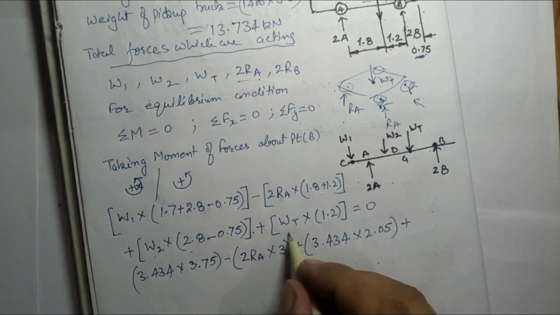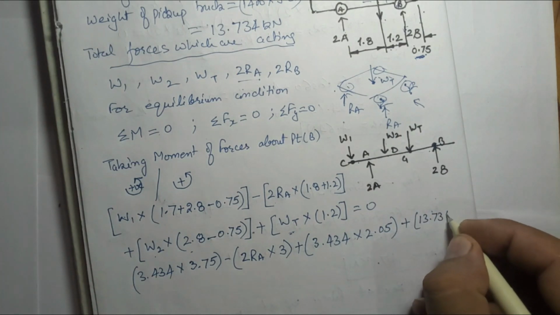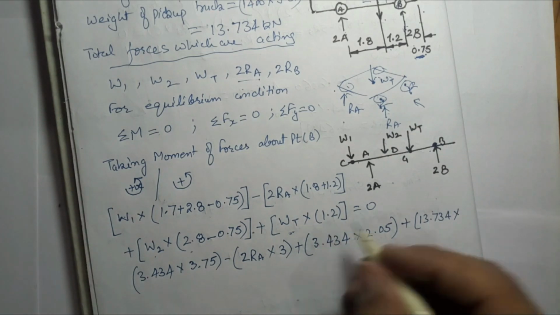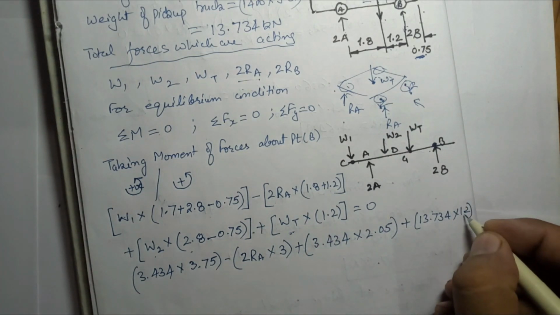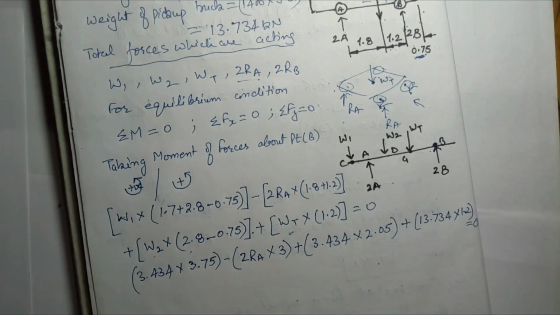After that plus weight of truck, that is given here, 13.734 into 1.2, and that is equal to 0.